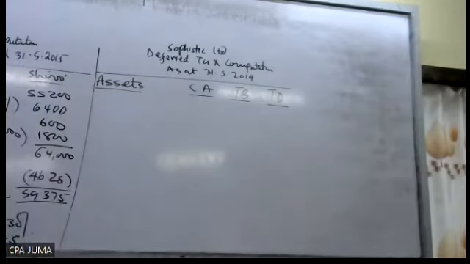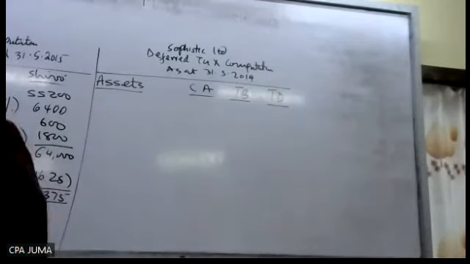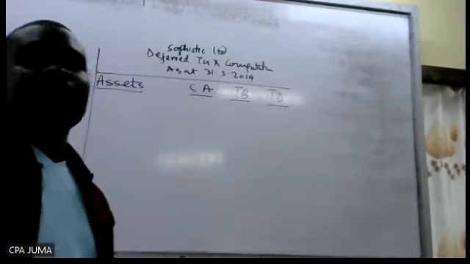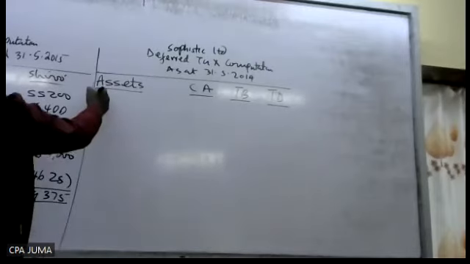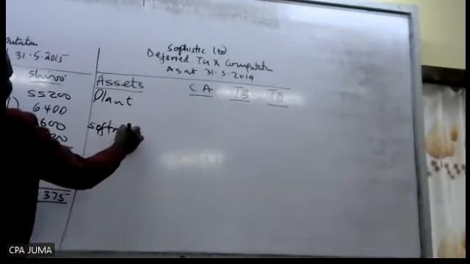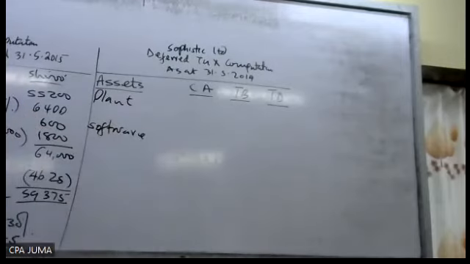Assets are only 2 in this question. There is plant and software. We are dealing with 2014, not 2015.